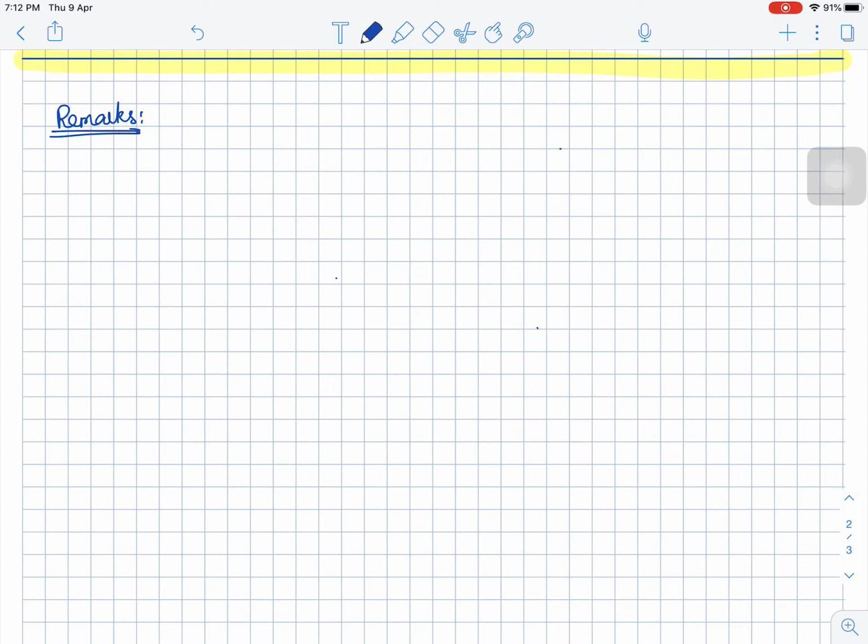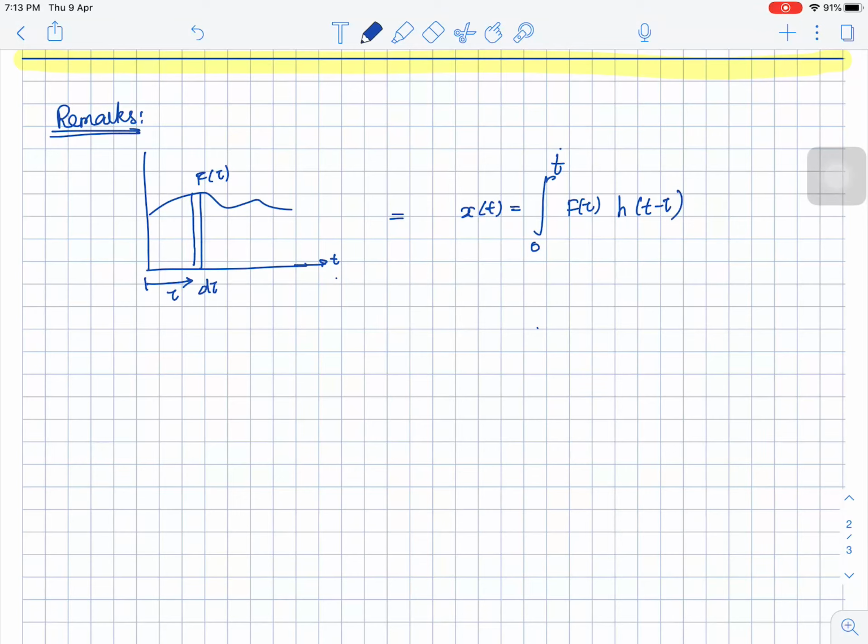So far we have seen, for an arbitrary function, what the response will be. The response will be the integral 0 to t of f of tau, where f of tau is the amplitude at tau. There is a small strip d tau, so f of tau into the response of t minus tau into d tau.